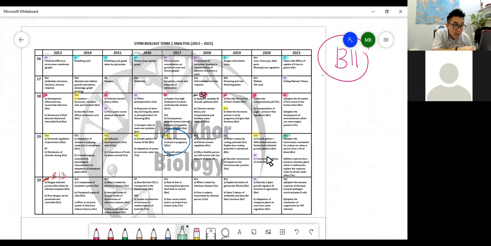Then this one is the osmoregulation. 2020, liver. That year I told the students liver can come out, and it really came out, structured. Okay. Urine formation, body temperature, blood osmotic pressure, then liver again.